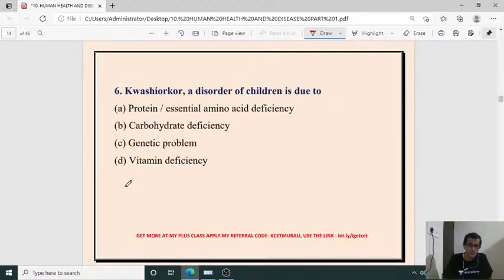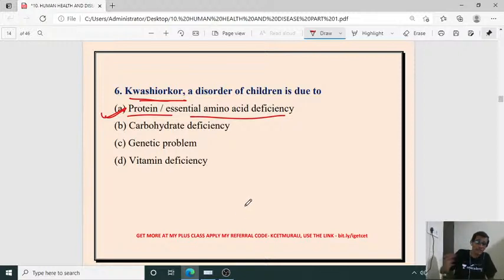Okay. Next, kwashiorkor, a disorder of children, is due to what? Kwashiorkor is a disorder, a group of symptoms. What is the reason behind it? It is a protein or essential amino acid deficiency. So deficiency of essential amino acids will result in kwashiorkor, a scarcity or malnutrition with respect to essential amino acids.